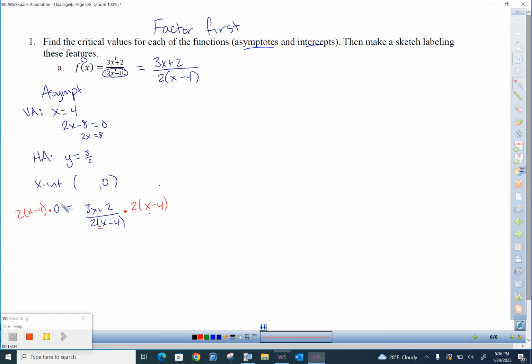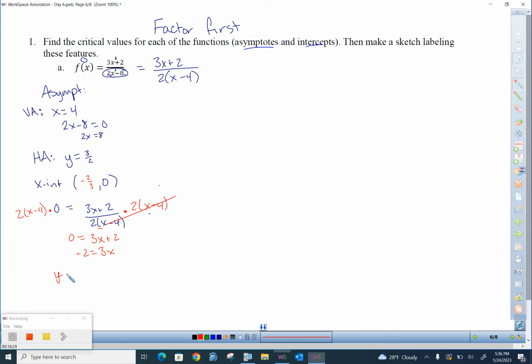Remember, 0 times anything is 0, which this says 0 equals then 3x plus 2. Solving this, subtract the 2 over, and use as many steps as you need to here. Divide the 3, so we've got a -2/3. It's just coincidence that these were reciprocals. It has nothing to do with a pattern that normally happens.